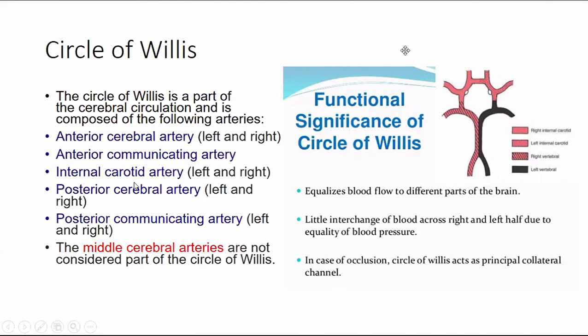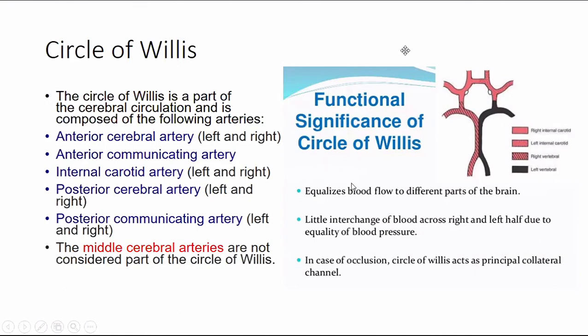The right and left internal carotid artery. The posterior cerebral artery, left and right, and the posterior communicating artery, which connects the left internal carotid to the left posterior cerebral artery, and the right internal carotid to the right posterior cerebral artery. So ito yung circle na ginagawa nila. Oddly enough, the largest branch, the middle cerebral artery, is not considered part of the circle of Willis. So hindi siya kasama sa circle of Willis.